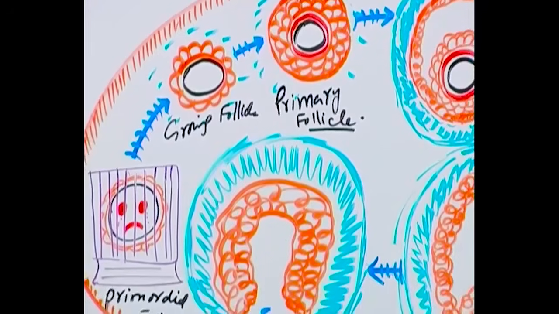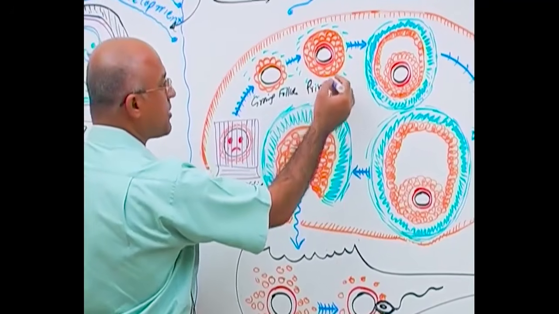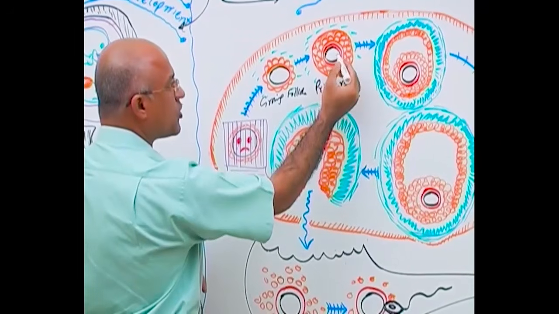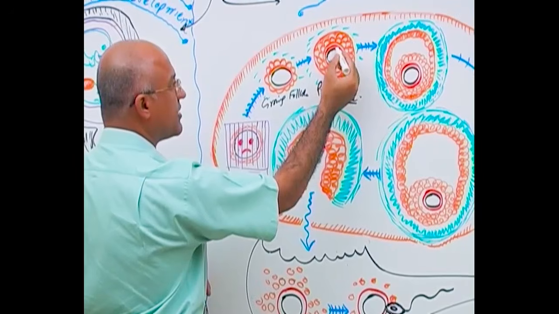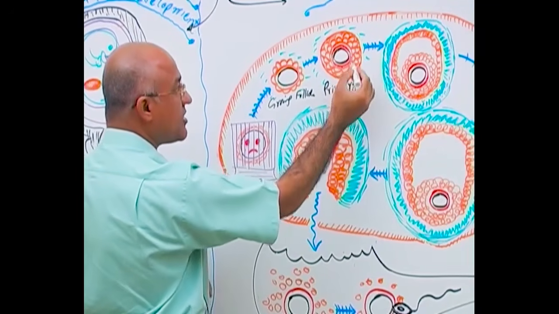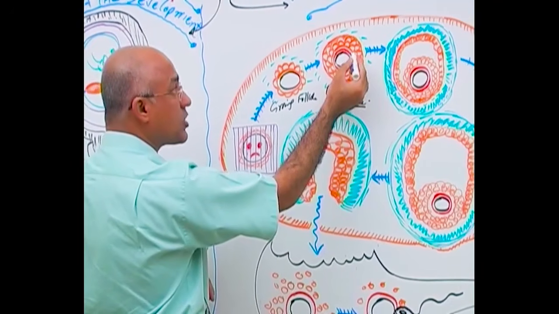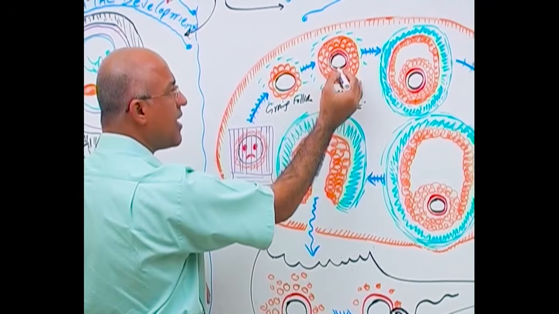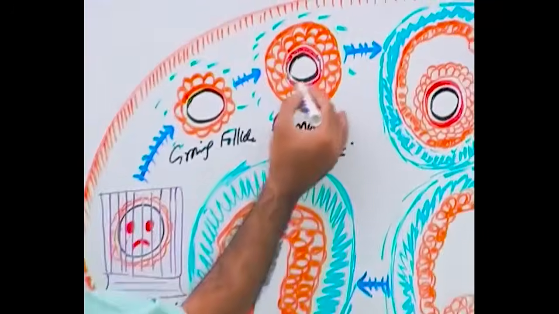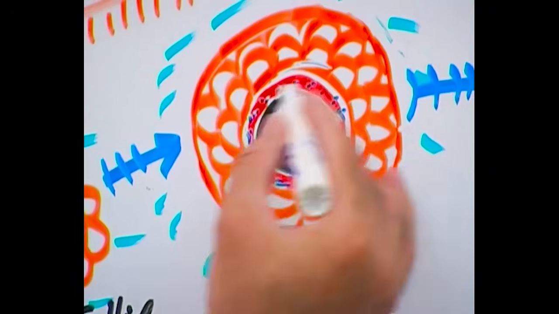Is that right? But a very important thing I must mention is that when the primary follicle is developing, oocytes secrete glycoproteins outside, and these follicular cells secrete the same glycoprotein inward. So between the oocyte and the follicular cells, a special glycoprotein layer is present.